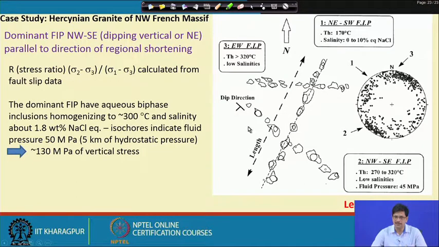So, here the fluid inclusions help us have some idea, at least a range, of what the fluid pressure could have been.